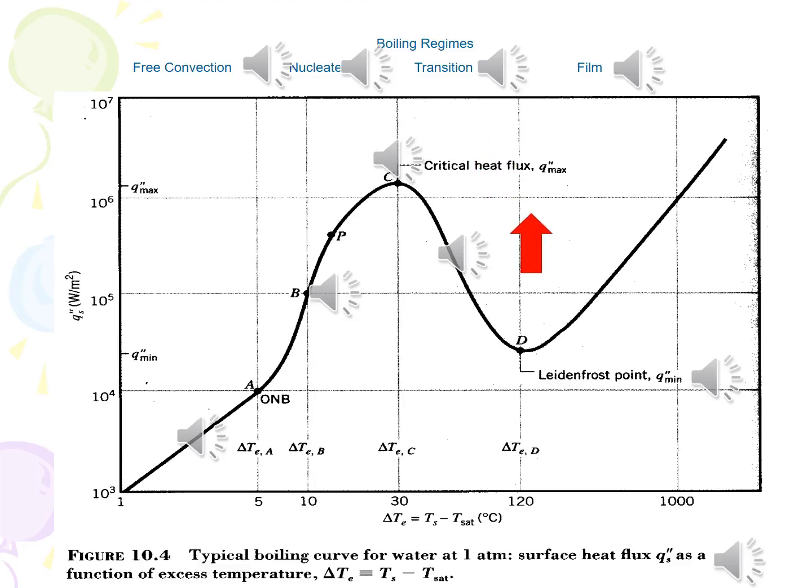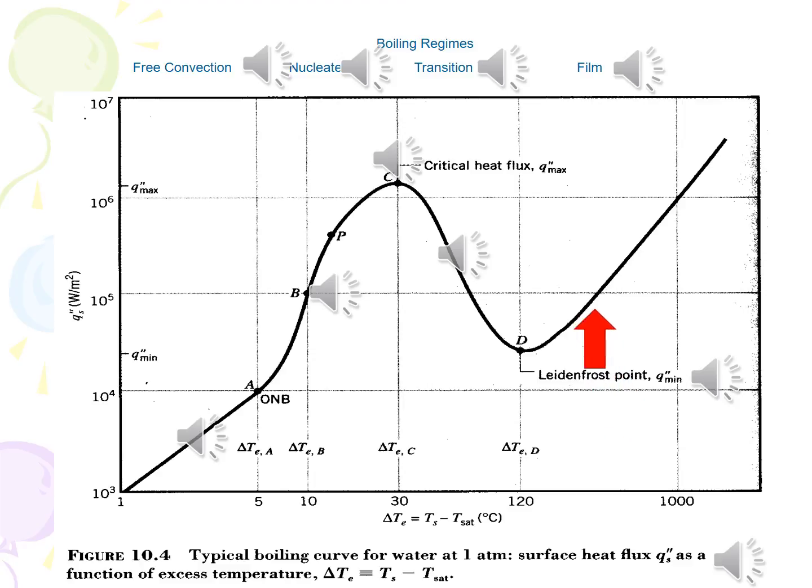At the Leidenfrost point, the whole surface is covered by a vapor film. From this point onwards, the heat flux increases with increasing excess temperature as predicted by Newton's law of cooling. This law states that Q equals the heat transfer coefficient times the excess temperature. Increasing the excess temperature would therefore increase the heat flux.